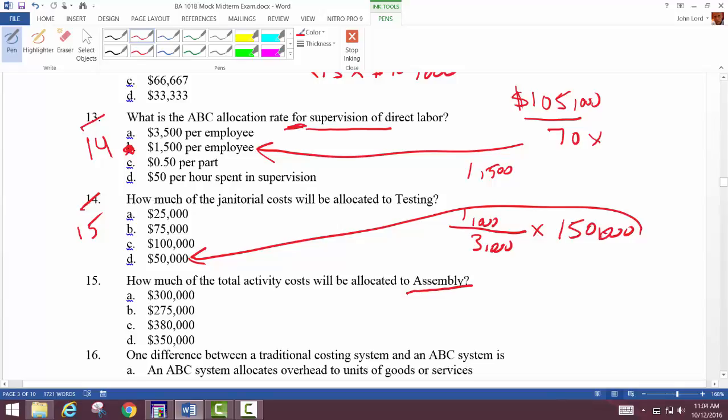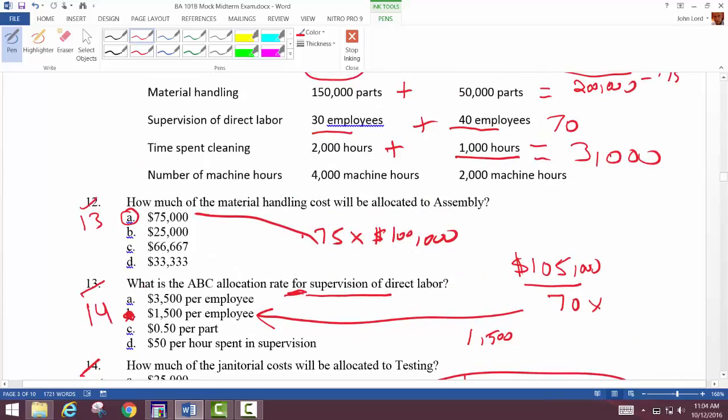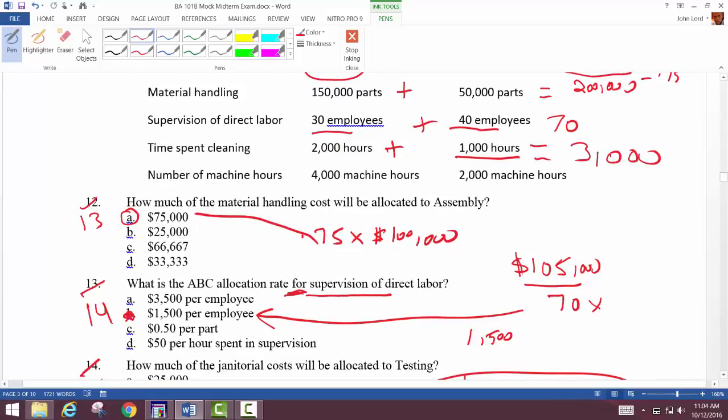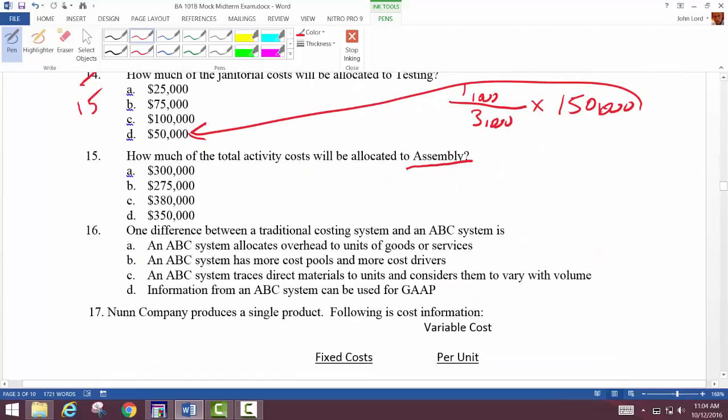Assembly. So now we're getting to this departmental overhead rate, right? We look at our assembly department, and we're going to have to go through item by item and allocate those costs. So for our materials handling, which we already probably calculated up there somewhere, I'm just going to redo it so we see how this whole thing went.